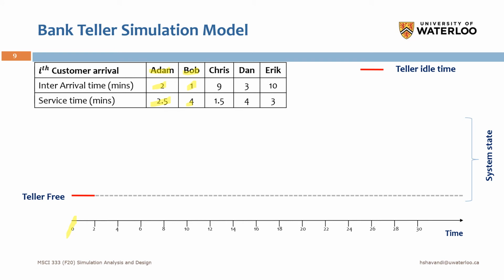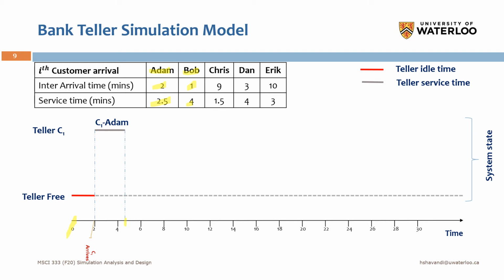As you see here, since the first customer, Adam, is supposed to come for service at time 2, the teller is free from time 0 to time 2. At time 2, Adam arrives at the system, so the teller will be serving customer number 1, which is Adam. The teller will be busy serving Adam from time 2 to time 4.5, since the service time of Adam is 2.5.